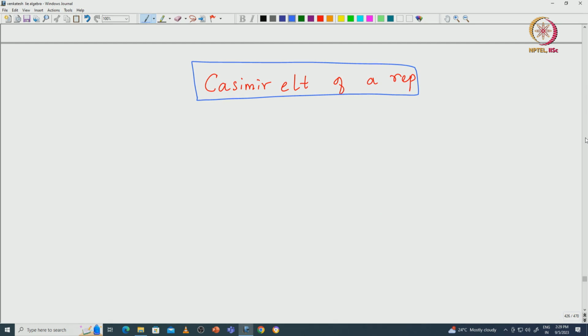So, first we recall Schur's lemma. Schur's lemma states the following.